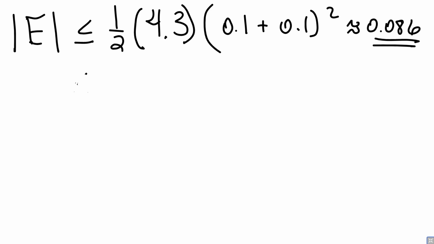And let me double check and make sure I did that calculation correctly earlier on. Yes. So it's going to be approximately 0.086. So this is how much error it's going to be for the linearization within this small bounded region.